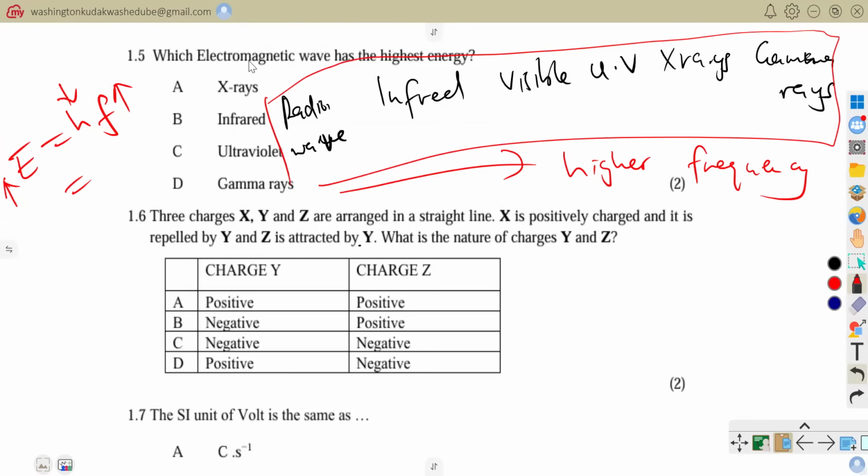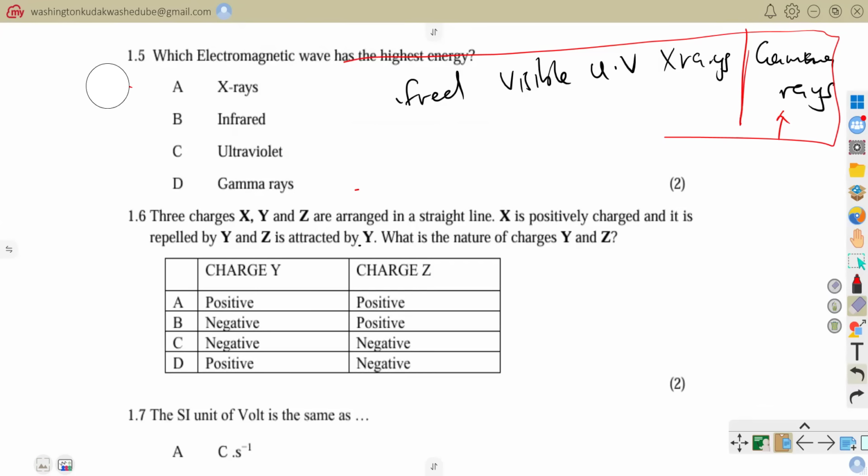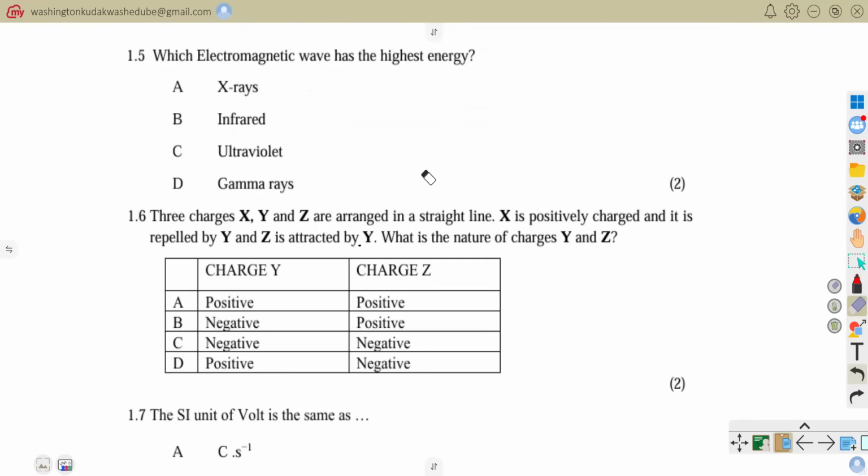Here they're asking which electromagnetic wave has the highest energy. That becomes our gamma rays, because gamma rays have the highest frequency. Therefore, they will have the highest energy. That's why gamma rays are said to be the most dangerous electromagnetic waves. Why? Because they have the highest penetrating power due to their highest energy. So our answer was going to be D.